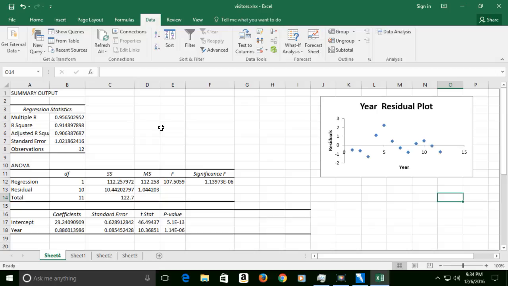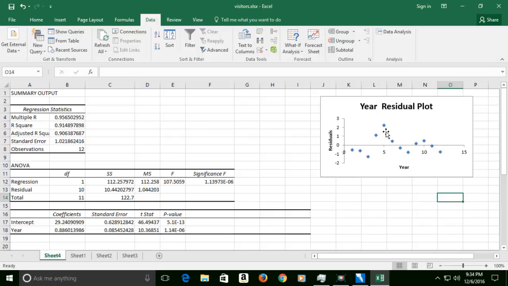If we could figure out what's causing that pattern in the errors and put that into the regression, then life would be good. But because there's a pattern in the errors, our R-squared is saying, hey, we can explain the number of visitors who come to town, but we're explaining it with both the year and whatever's messing with our errors.